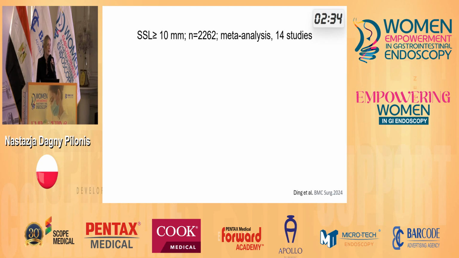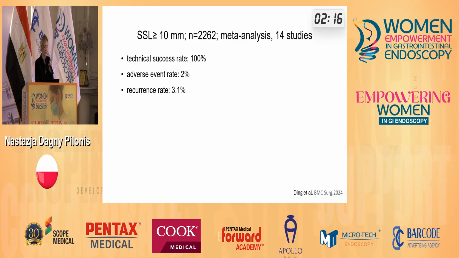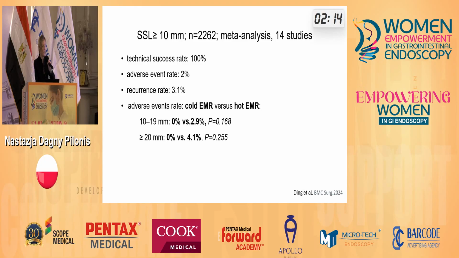So what about larger lesions? What about lesions that are larger than 1 centimeter? There is a helpful, recent meta-analysis of more than 2,000 lesions that compared cold and hot polypectomy in larger serrated lesions. The overall success rate was 100%, and I want to draw your attention to the statistics for adverse events rate.